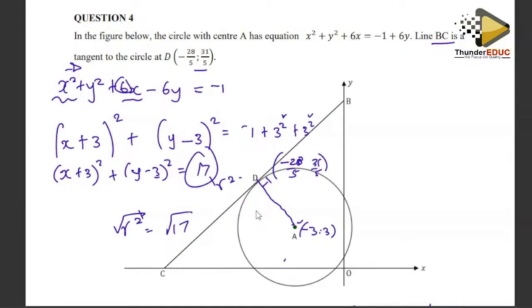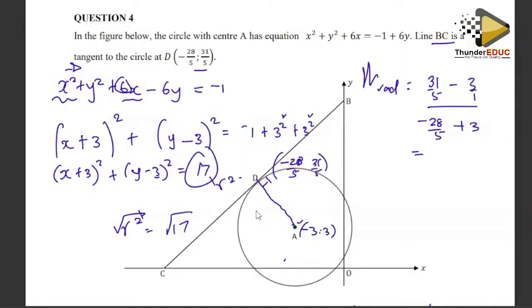Okay, so the gradient of the radius, we're saying is 31 over 5 minus 3 over negative 28 over 5, we shall say plus 3.